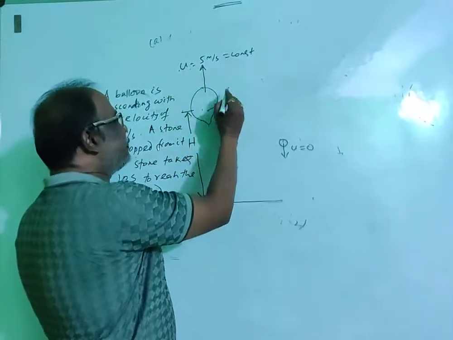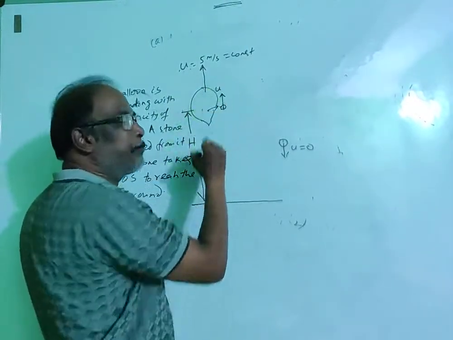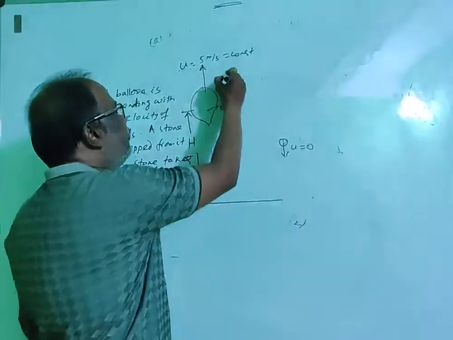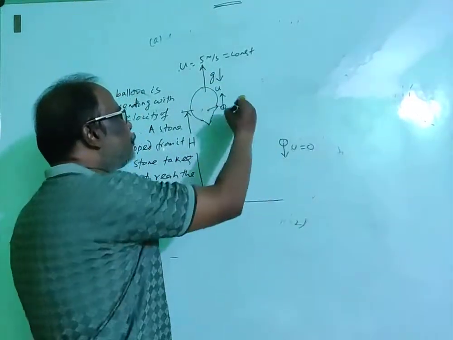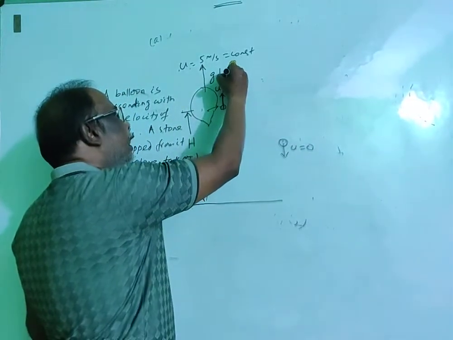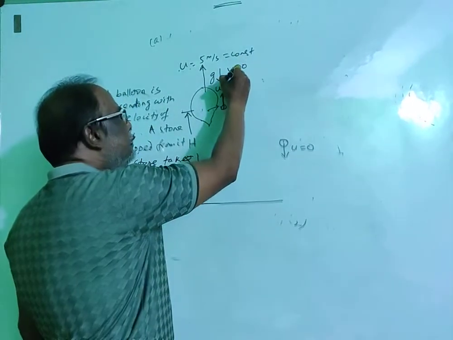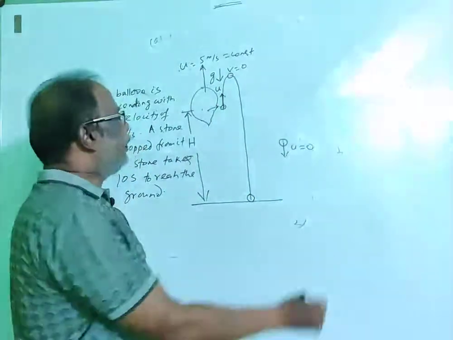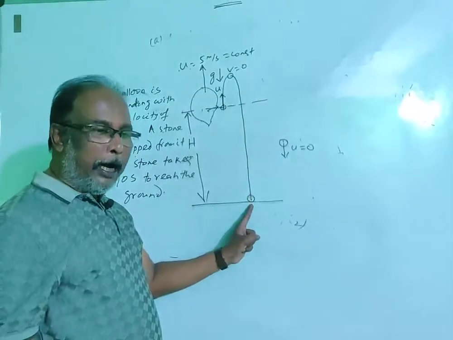Since the balloon is moving up, initially the stone will move up with the same speed u. But acceleration due to gravity will oppose its motion. The stone will move up and its velocity becomes 0 at a certain height. Then it will fall and strike the ground. This is the initial position of the stone, this is the final position.